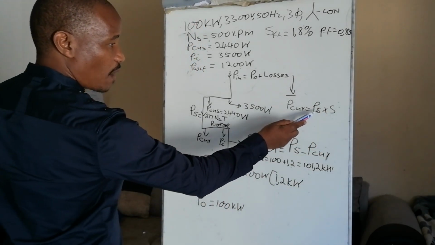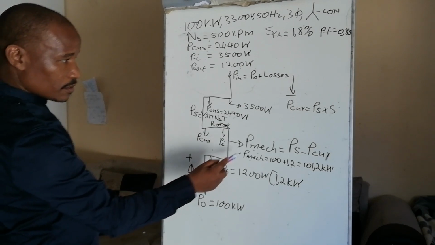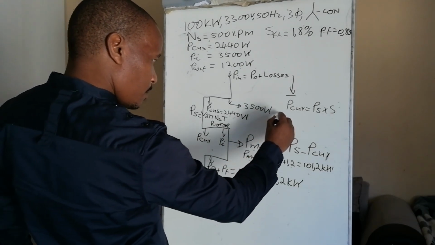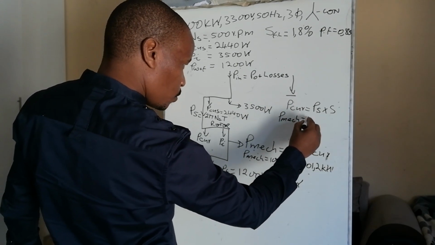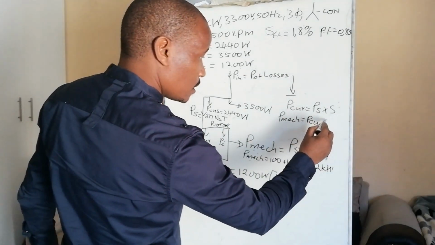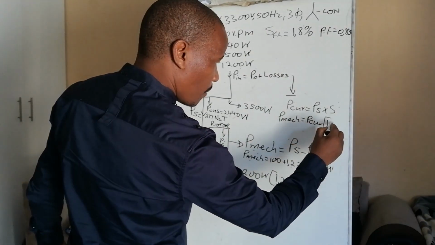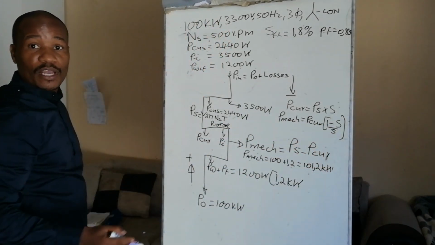But we don't have that power. It means the mechanical power as well is equal to the rotor copper losses into (1 minus the slip) over S. We proved this formula before.